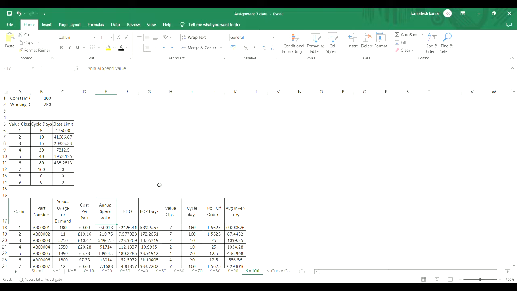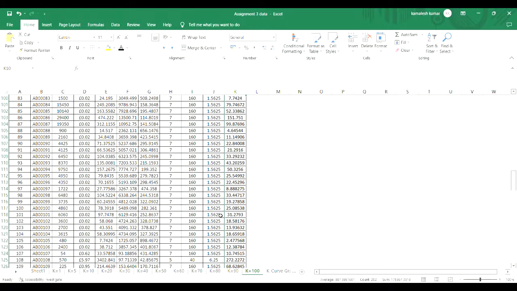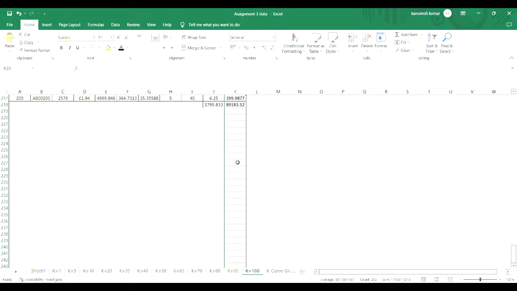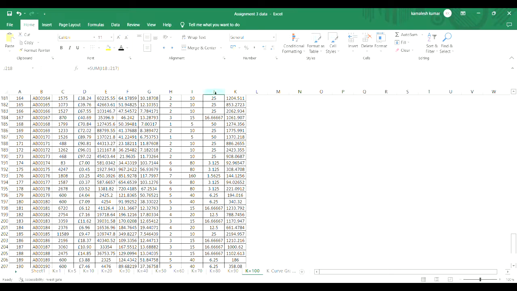Okay, and after doing this, you just have to take the average value of number of orders and the average inventory. You see here, this is the average value of average inventory, and this is the average value of number of orders.